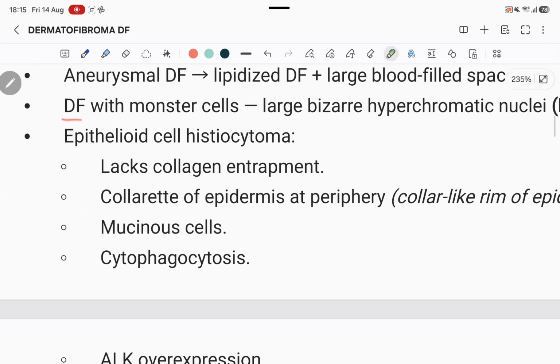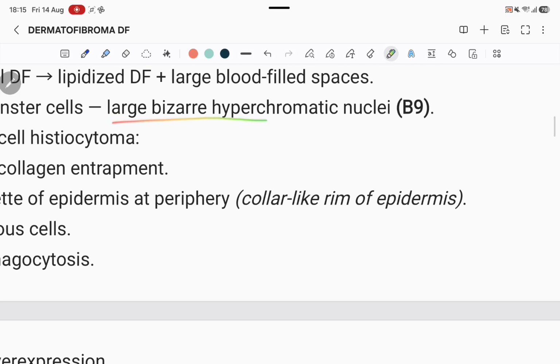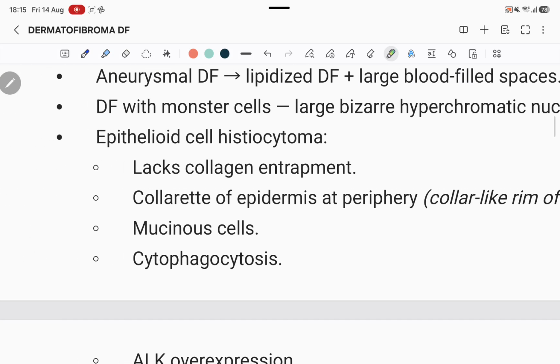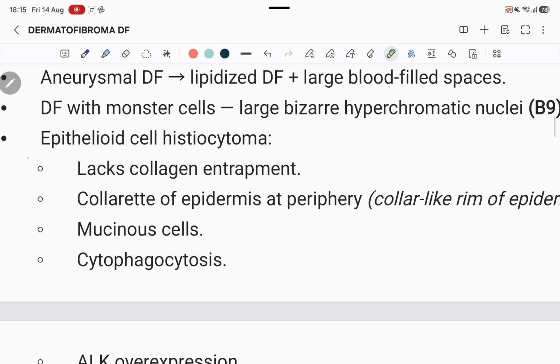In any case, monster cells have bizarre large hyperchromatic nuclei. However, it is benign. It's not malignant, it's benign. I know that word confused me as well in the beginning.